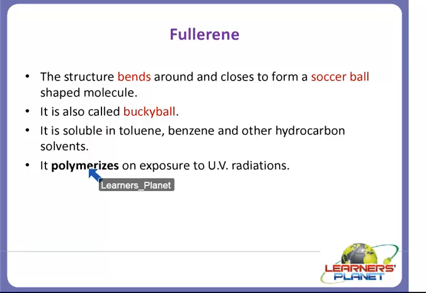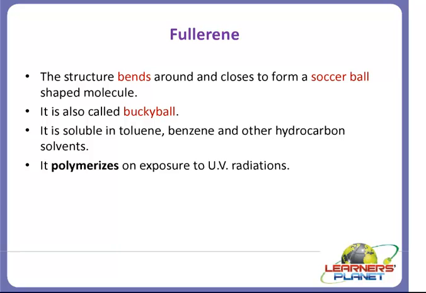It is a mustard colored solid. But after dissolving in toluene or benzene, especially in benzene, if I am dissolving fullerene in benzene, it gives a magenta color. Right? So it is soluble in your toluene, benzene and other hydrocarbon. Now it polymerizes on exposure to UV radiations. Just tell me what you mean by polymerization. Polymerization is that this C60 will be linked to more molecules and it will form a polymer.